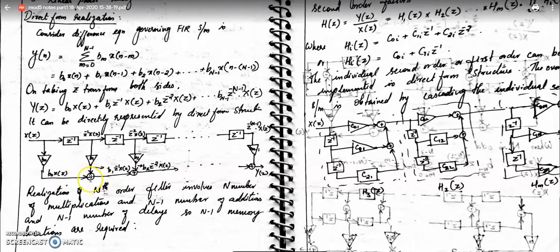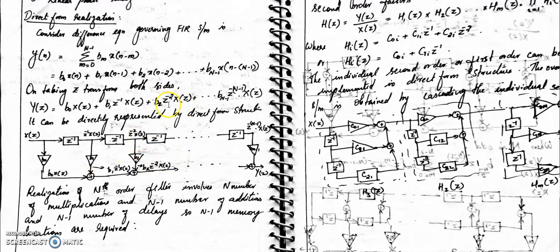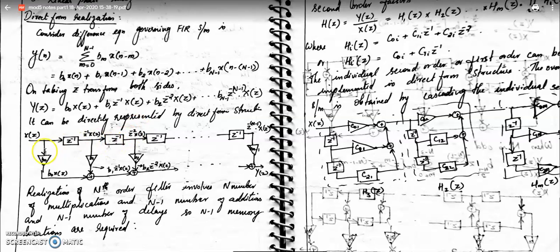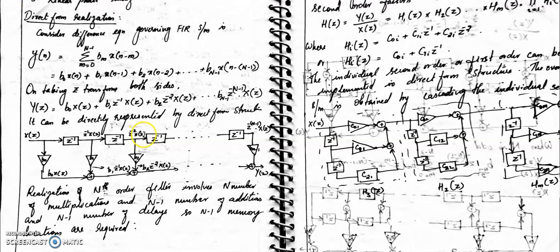So this b1 z raised to minus 1 x of z will be added with this. Again, next is b2 z raised to minus 2 x of z. Here we get z raised to minus 1 x of z, so after placing one more delay unit, you will get z raised to minus 2 x of z.